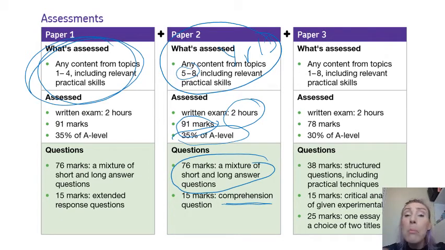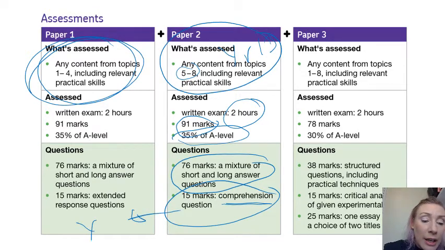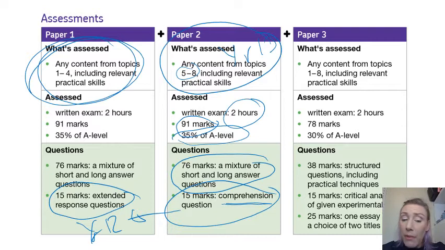So we need to do more practice on that throughout our year 2 studies. That's another skill that we've been practicing already in year 12, and we're going to continue. So we've got the comprehension skill, and we've got this extended response skill that we've been practicing, and we'll keep that practice going as we learn the new content.